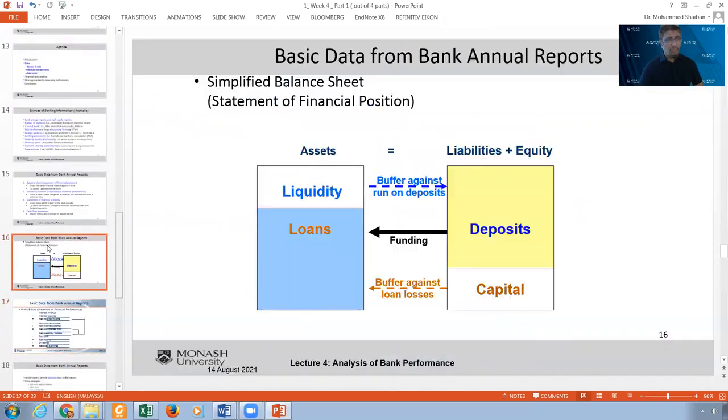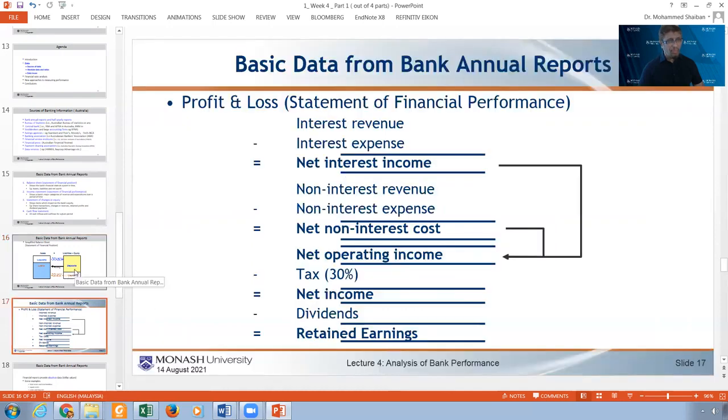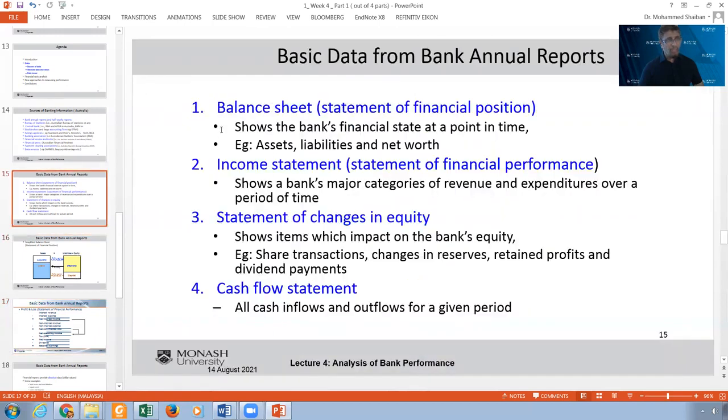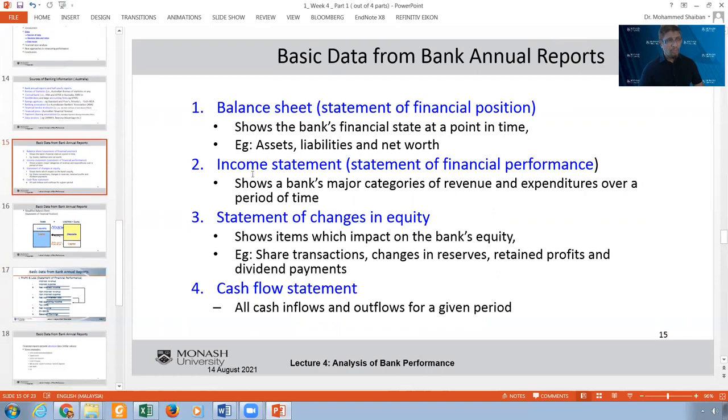This is the information from the balance sheet, and this is the information from the income statement. So this is the first part, the annual report. This is the basic data from bank annual reports.